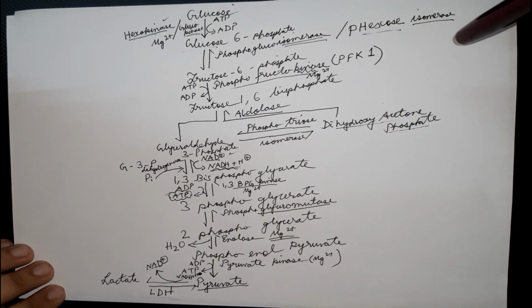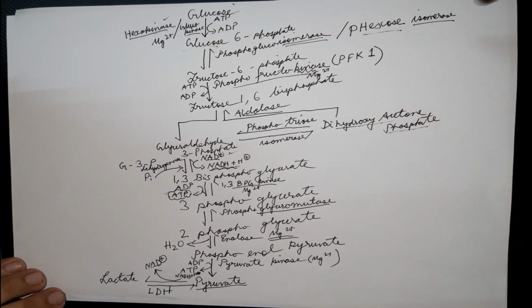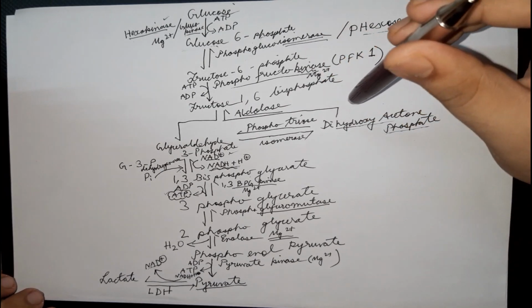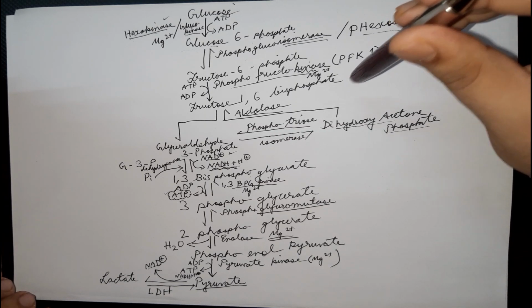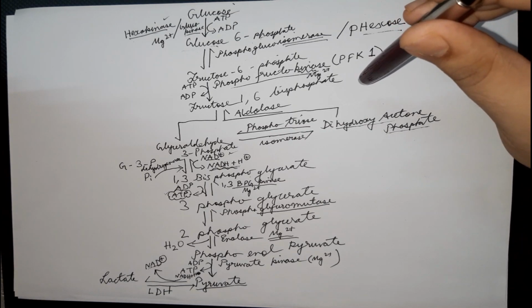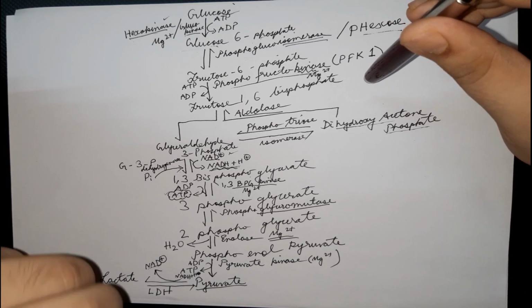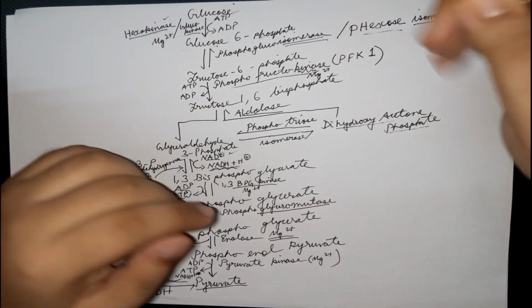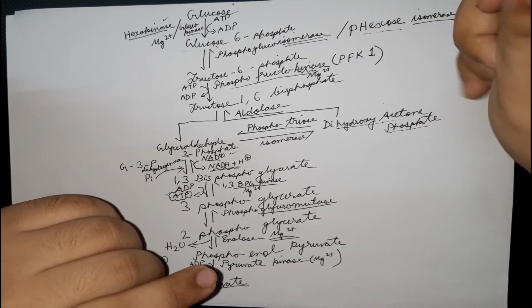What we are going to do right now in this discussion is fill the gaps. We are going to explore the details of each step of glycolysis, a little bit more detail, not too much. So nothing to be paranoid about.